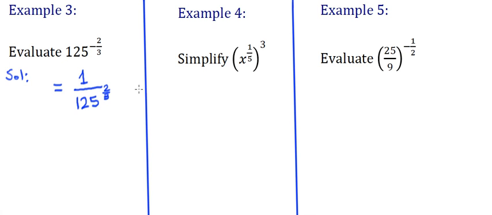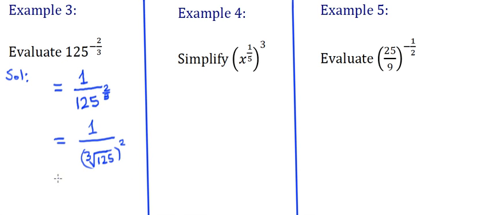Remember, when you deal with negative exponents, you write 1 on the top, and then you write this stuff on the bottom with this exponent positive 2/3. Now, further, we know what to do here, right? 125 raised to 2/3, since the base is a number, is simply equal to the cube root of 125 raised to the second power.